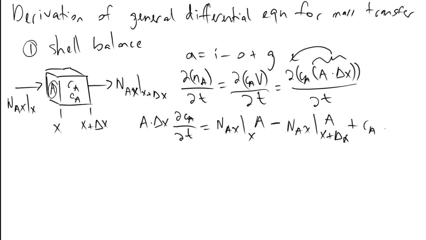So we need to multiply this by volume, and the volume has the same definition, A times delta X. So just to be clear, this is also equal to the volume of our control volume.